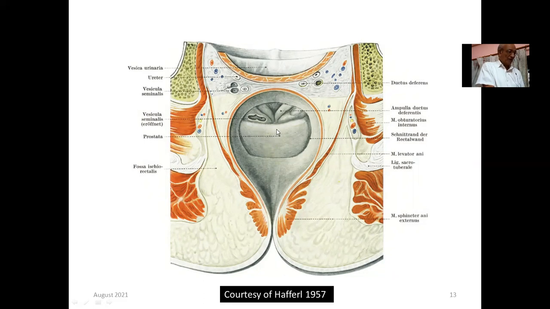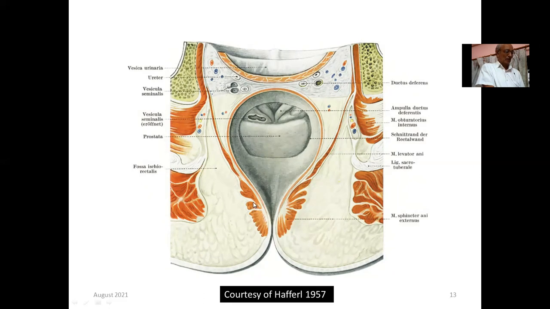And apart from them, at the higher level, the bladder and vas deferens, right and left, and seminal vesicles are also shown.